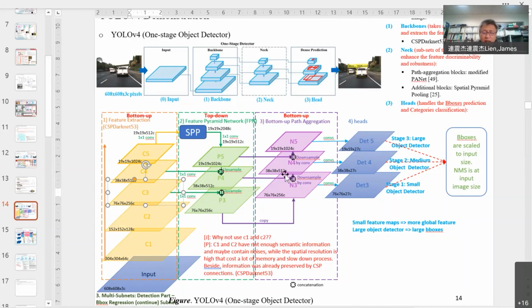So I input it to the head, and it can get more detailed information from the original information. That's PA net. The idea is to keep more original information up to here.